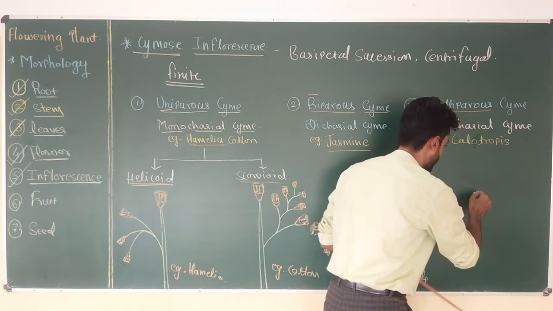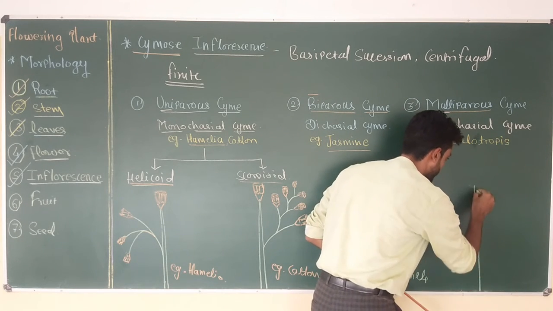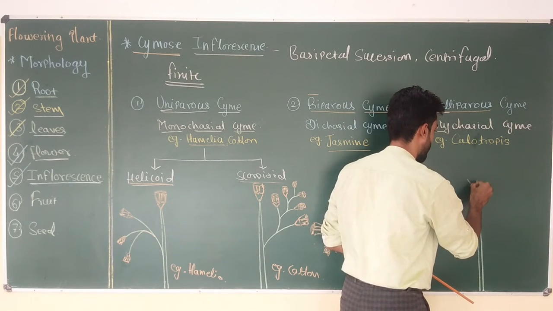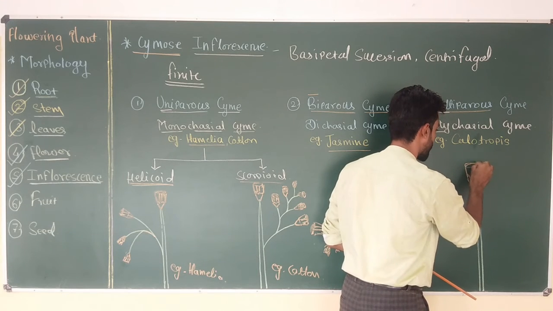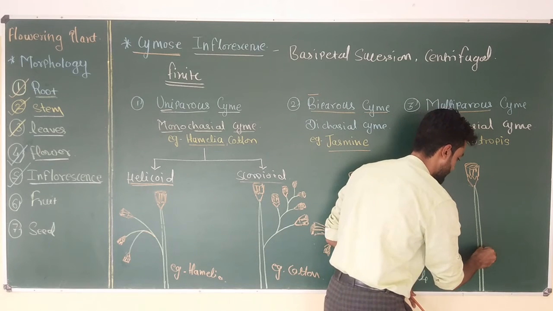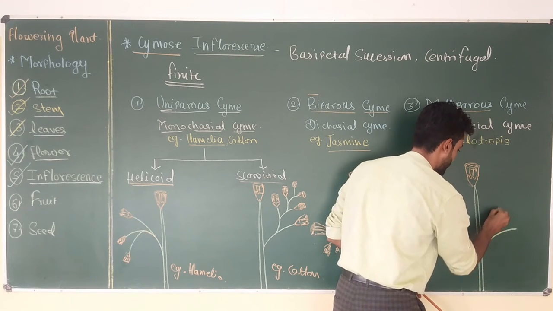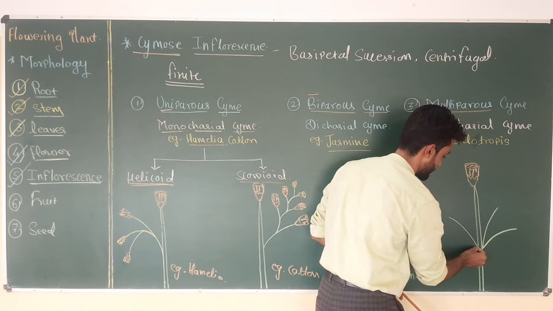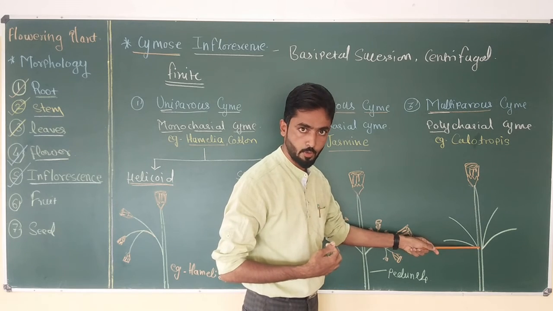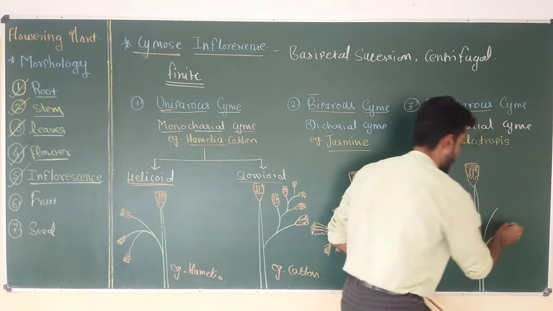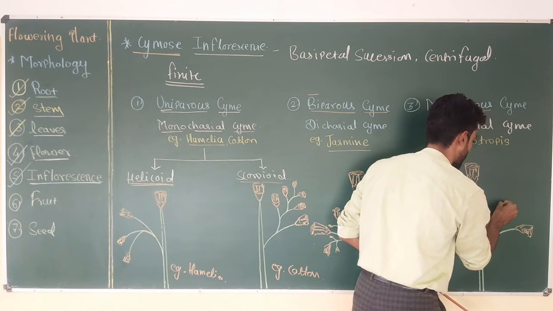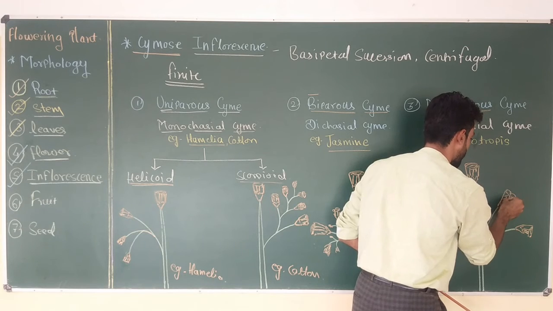Okay, so this is the primary axis or peduncle, and now the primary axis has flower at the tip, and now this primary axis produces many branches, generally more than two branches simultaneously from a single point, and each branch has flower at the terminal end.